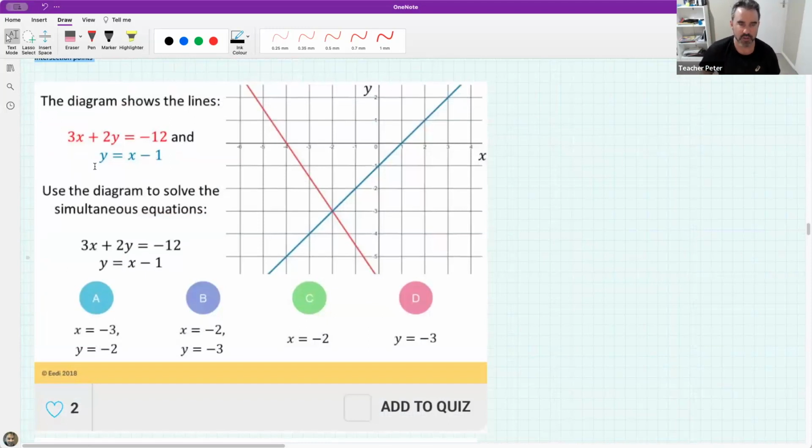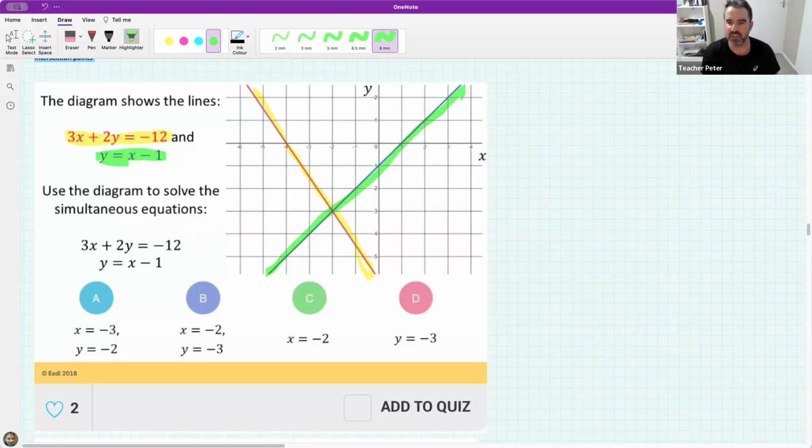So it says, the diagram shows the lines 3x plus 2y equals -12, so that would be this one over here. And then it also shows the line y equals x minus 1. Use the diagram to solve the simultaneous equations.